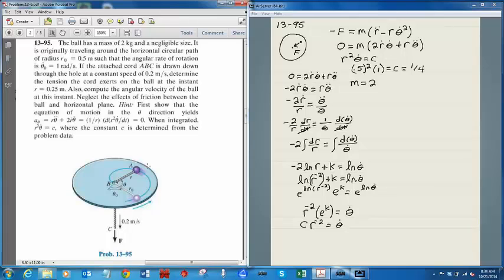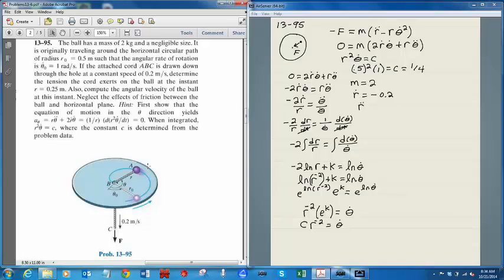Now the only thing that's left is we need to find out what the theta dot is. And we have a formula for that: r squared theta dot equals a constant. We know what the constant is, so all we do is plug in the values that we have. We're interested in theta dot when r equals 0.25.